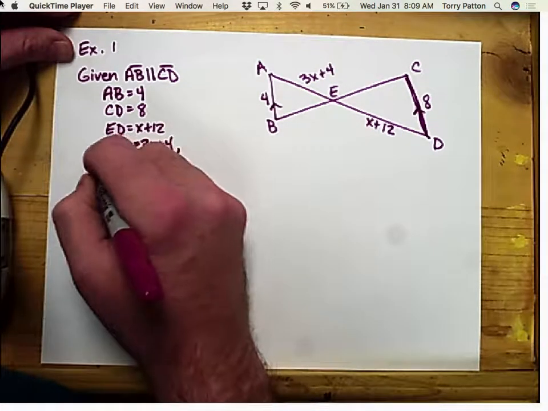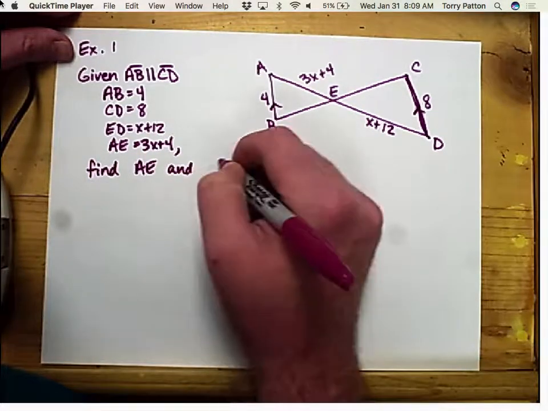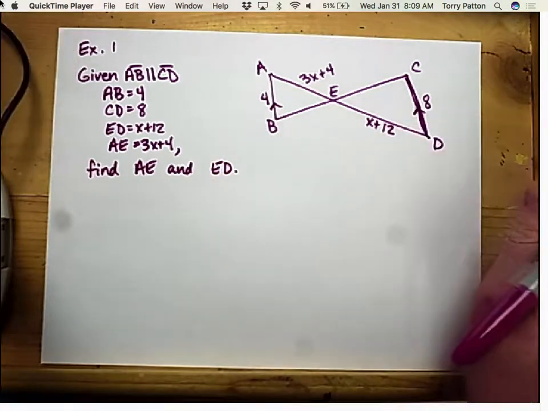The directions say find AE and ED. Okay.